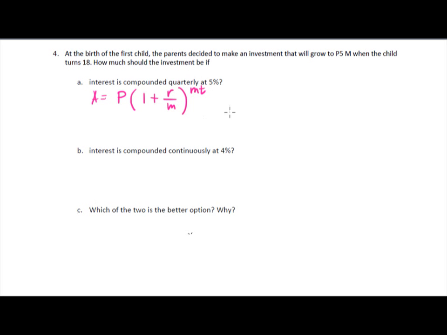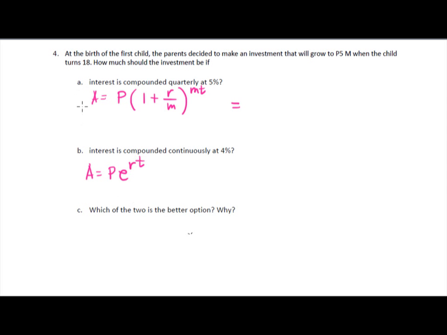Okay, so we know from the problem that after 18 years, when the child turns 18, the amount will become 5 million. So we will just substitute the numbers later on. Now for the interest that is compounded continuously, the formula is amount is the investment, the principal, e raised to the rate times time.